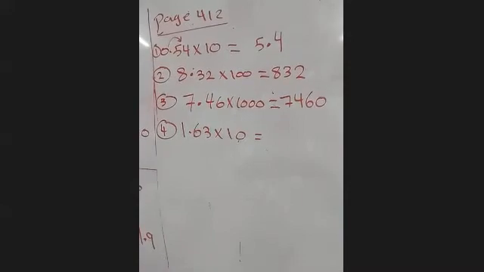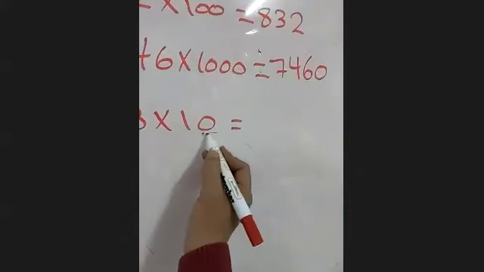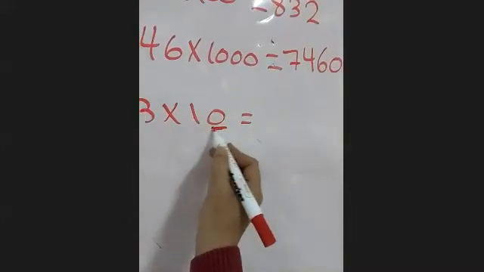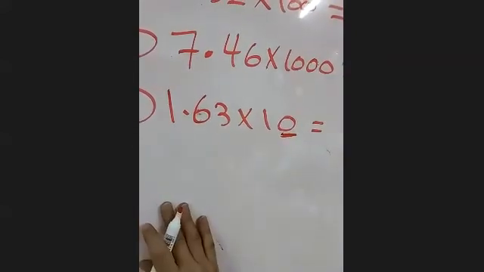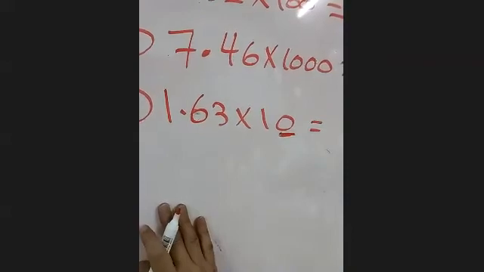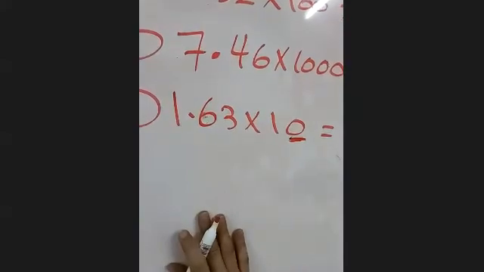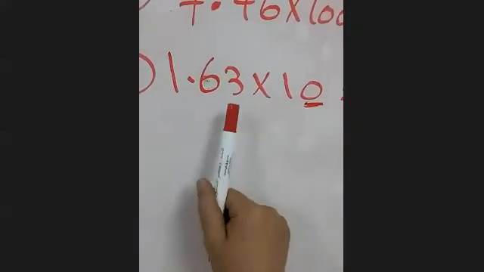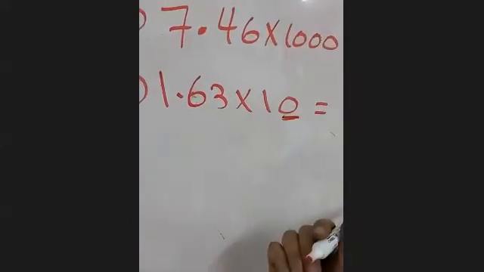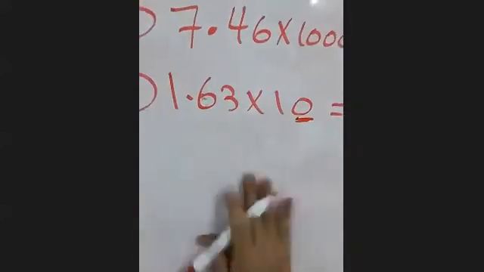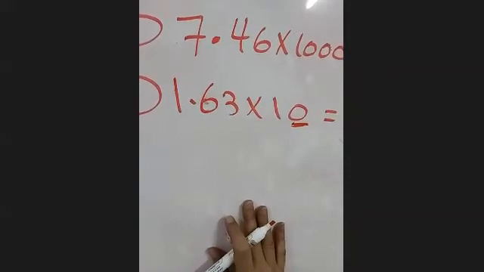Because in the 10 we have 0. So we'll put 1 0. So how many digits do I need to push the decimal? 1 digit. Do we have 1 digit here? No, we have 3. We have 2 digits. So no need to add zeros, because we have enough. So we write 163.